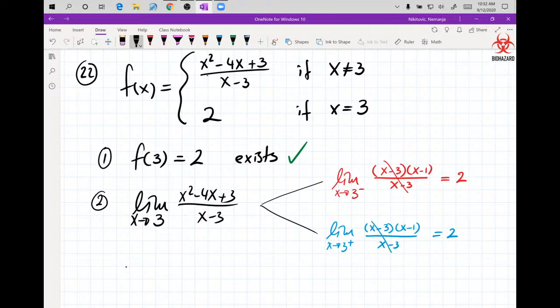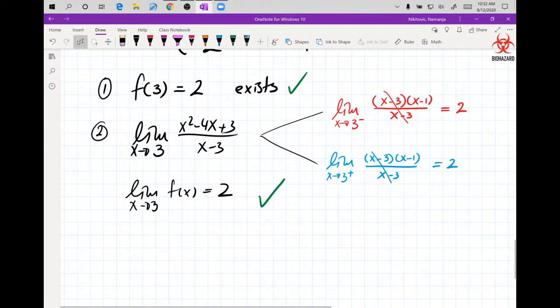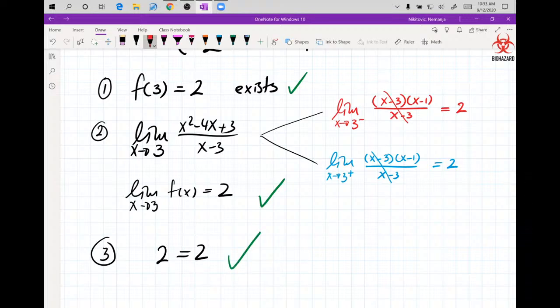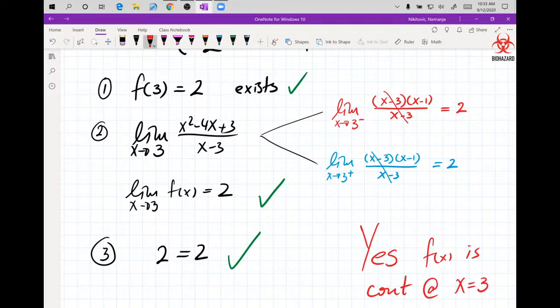So the overall limit here is 2. It passes the second rule as well. The third rule is 2 equals 2. It passes that one, and we say yay, or yes, f of x is continuous at x equals 3, because it passed all 3.